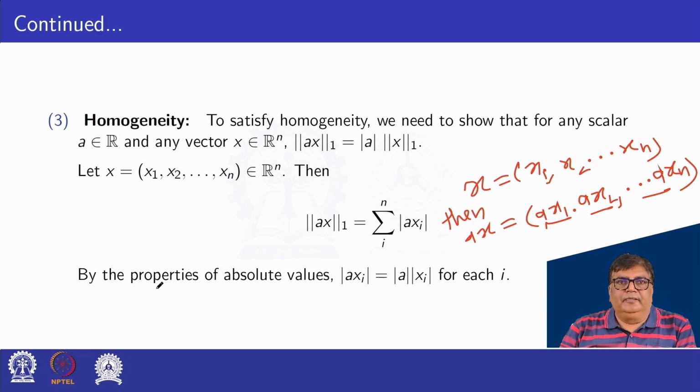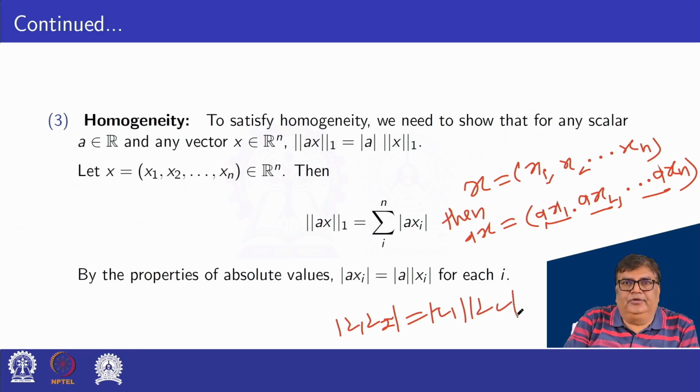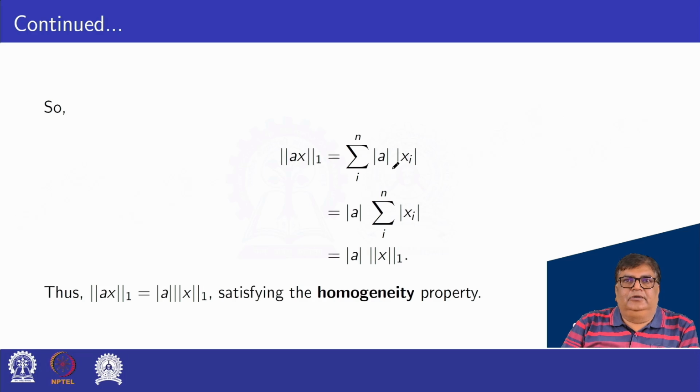So using the property mod z1 z2 is equal to mod z1 mod z2, applying on this term, mod a xi is equal to mod a mod xi. We can write this.